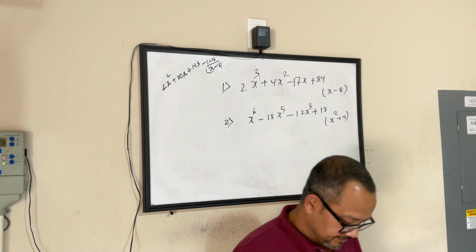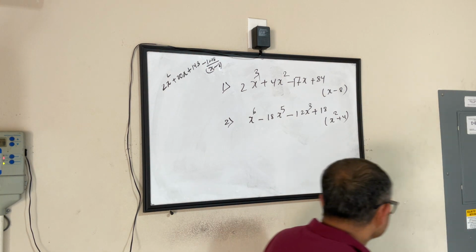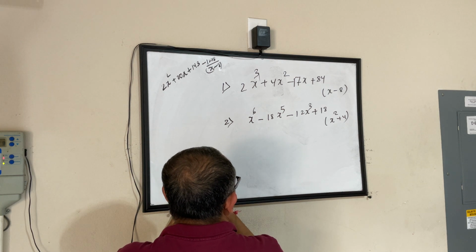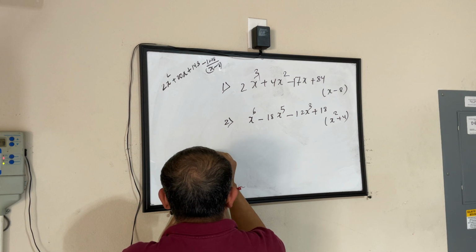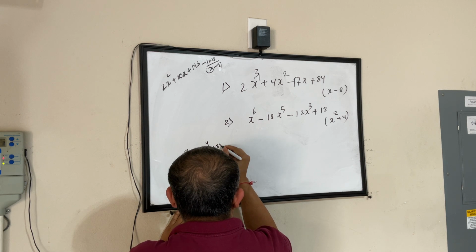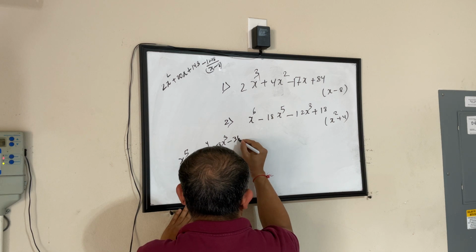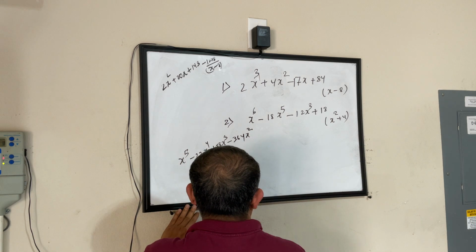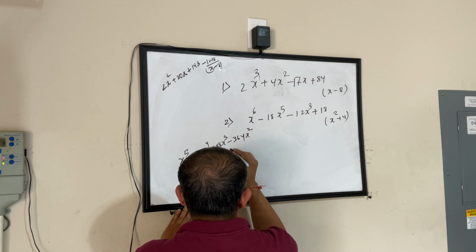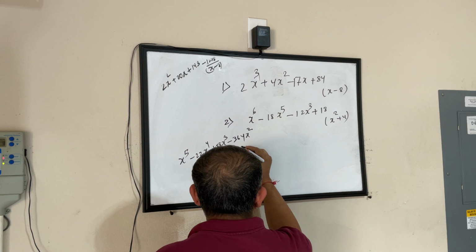Yes, Chris. Okay, this is a really long answer. I got x to the 5th minus 22x to the 4th plus 88x to the 3rd minus 364x to the 2nd minus 1456x plus 5824.